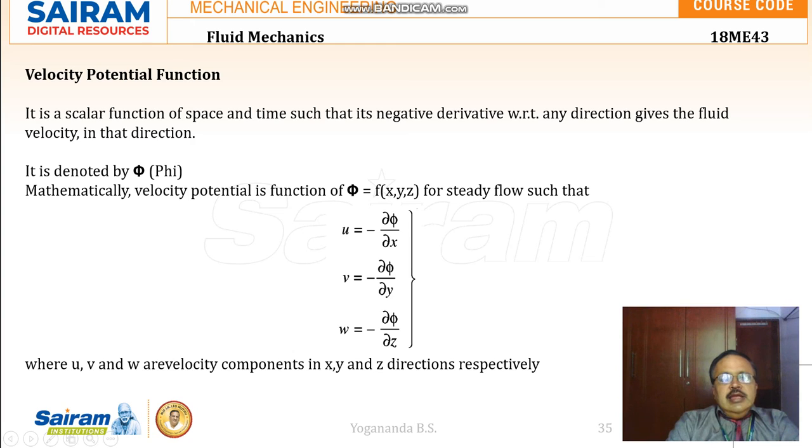Mathematically, the velocity potential function is given as a function of x, y, z for steady flow. To get the fluid velocity in the direction of x, we take the negative derivative of this function with respect to x. Similarly, v and w will be obtained.